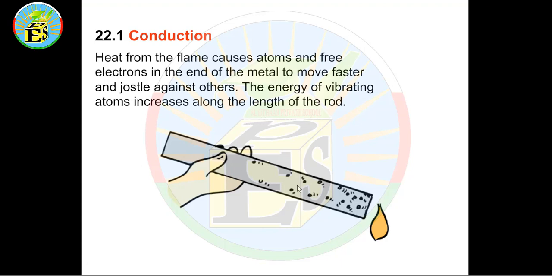So we use kinetic molecular theory to describe the behavior of conduction. This flame heats up this part of the metal, so the atoms and free electrons will start moving faster and go to the cold region, so the heat will move from this part to the other part.